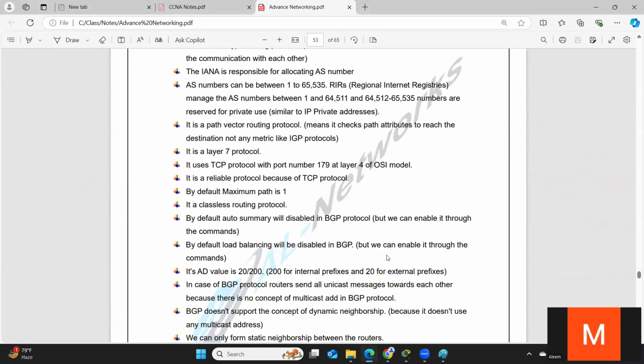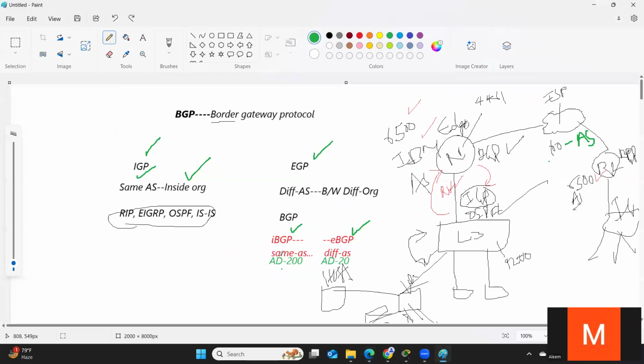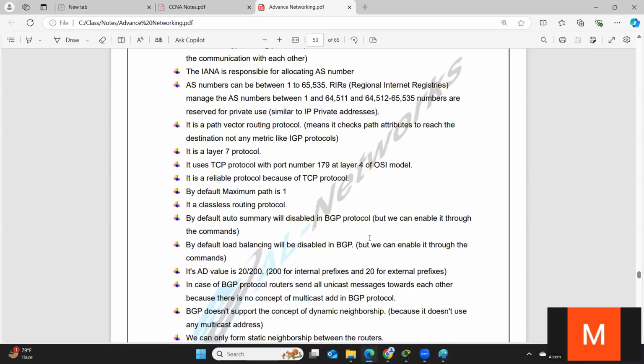If you want, yes, we can enable it. And it has two AD values, 20 and 200: 200 for the internal prefix, so IBGP uses 200 and eBGP uses 20, as we discussed already.